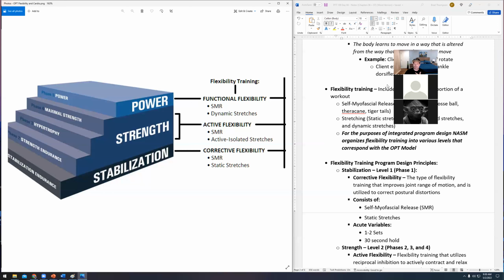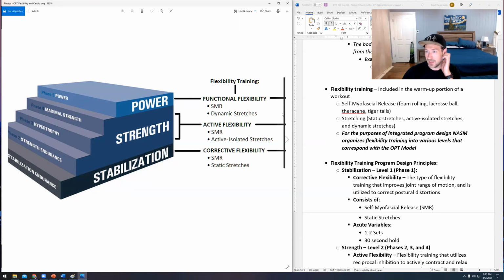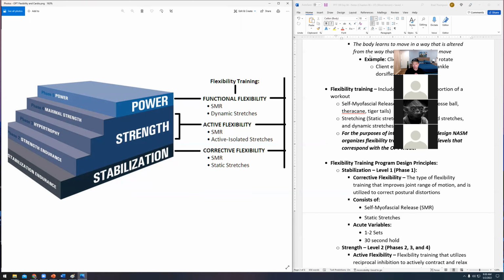The way I like to tell people this is I like you to think of these 3 levels as tool bags. If I were an electrician, I'd have a tool bag with a bunch of electrician stuff in it. If I were a woodworker, I'd have a toolbox with woodworking tools in it.